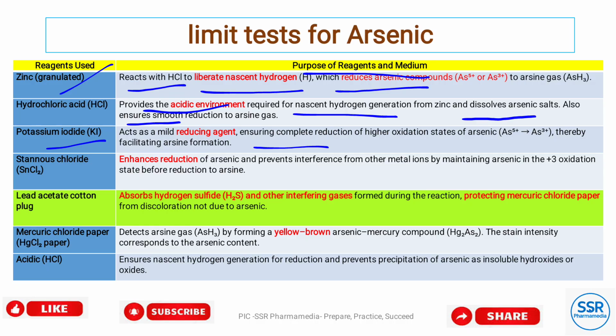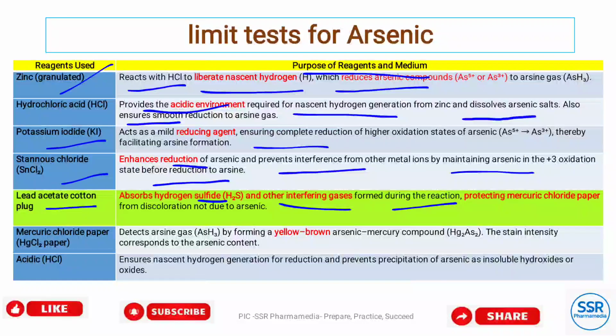thereby facilitating arsine formation. Stannous chloride enhances reduction of arsenic and prevents interference from other metals by maintaining arsenic in the trivalent or pentavalent oxidation state before reduction to arsine. Lead acetate cotton absorbs hydrogen sulfide and other interfering gases formed during reactions, protecting the mercuric chloride paper from discoloration not due to arsenic.